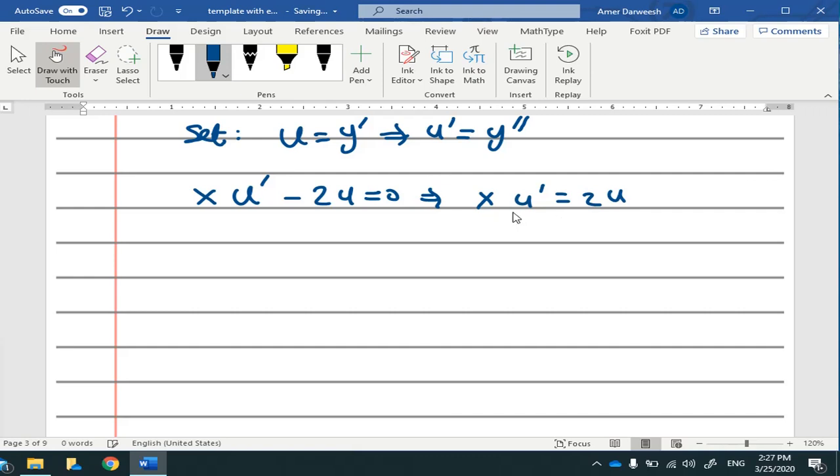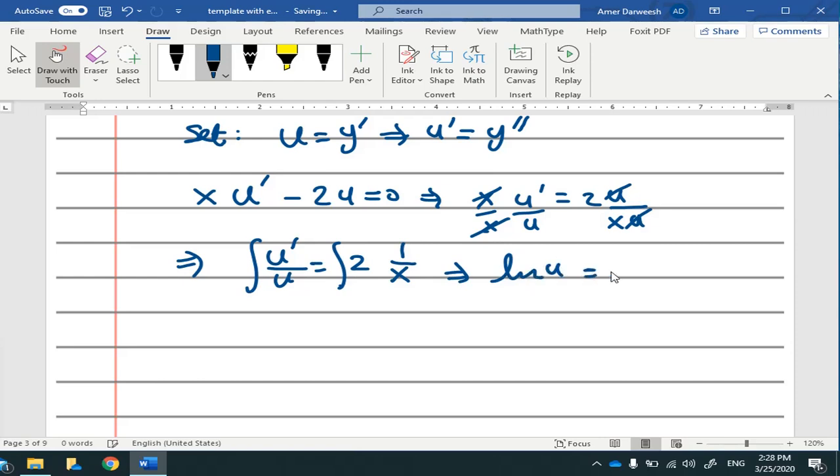Now I divide by u, because I have u prime over u, and divide both sides over x, so x cancels out, and the equation becomes u prime over u equals 2 times 1 over x. Integrate both sides, we get natural log of u equals 2 natural log of x plus a constant, I'm going to call it k for example.